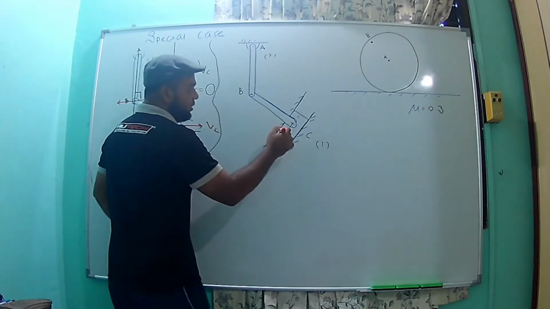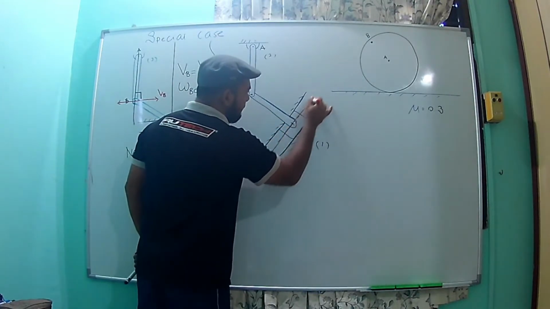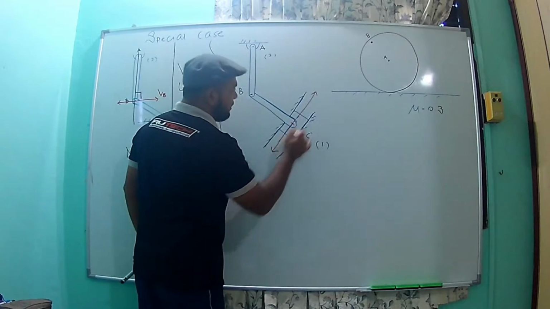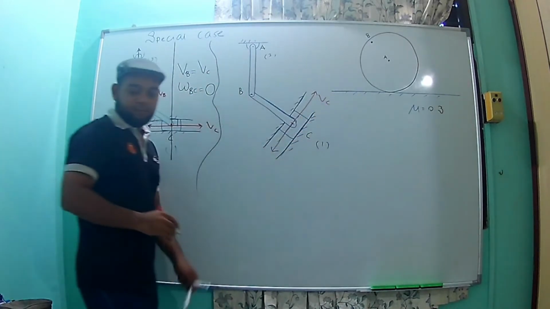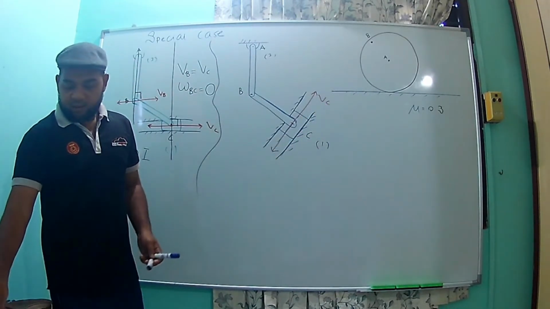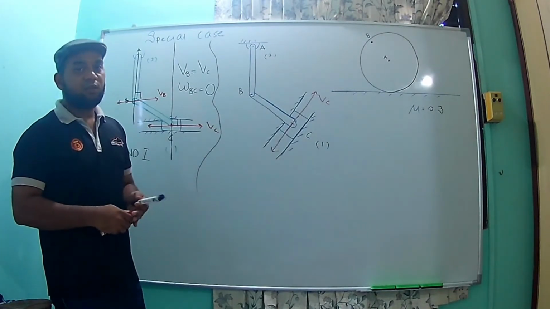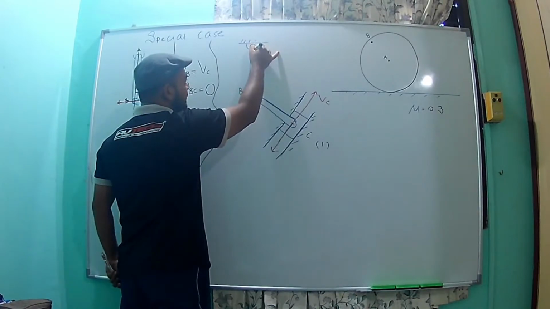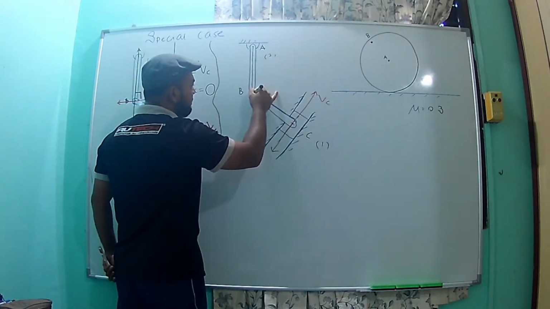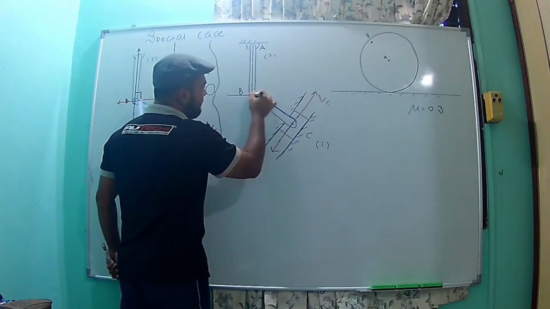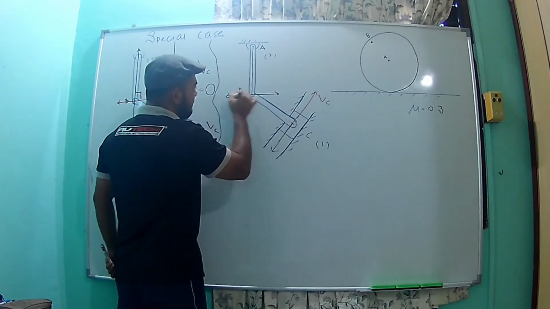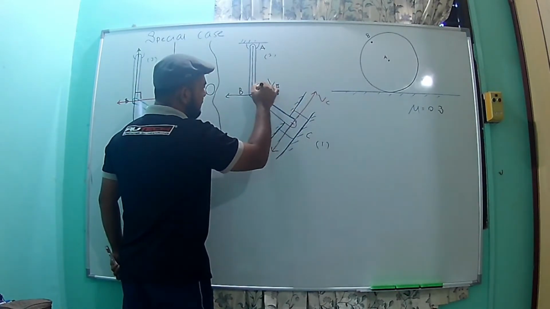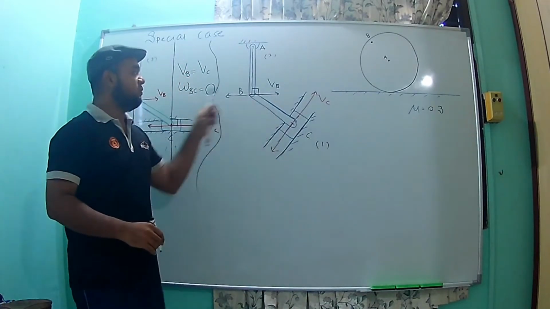C can only move either up or down. So this is BC. And B is a rotation about fixed axis. The fixed axis is point A. So you make a line from here to B, and 90 degrees from this will be your VB, either this way or that way.